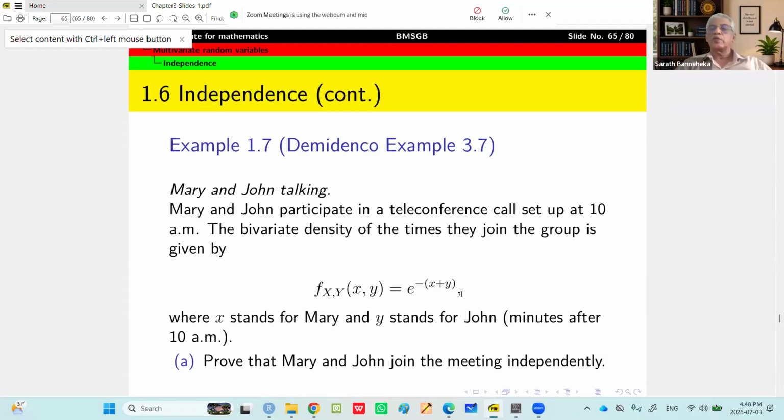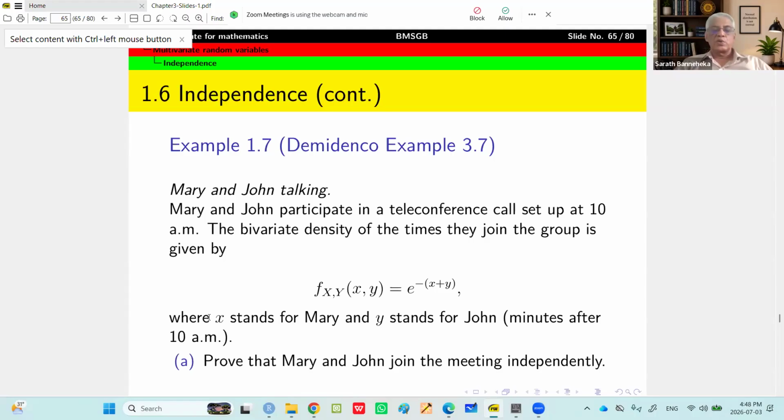So they may not join exactly at 10 o'clock. One person might be X minutes late, the other person might be Y minutes late, for example, right? So here X stands for Mary and Y stands for John, minutes after 10 a.m. So how late they are, in other words.